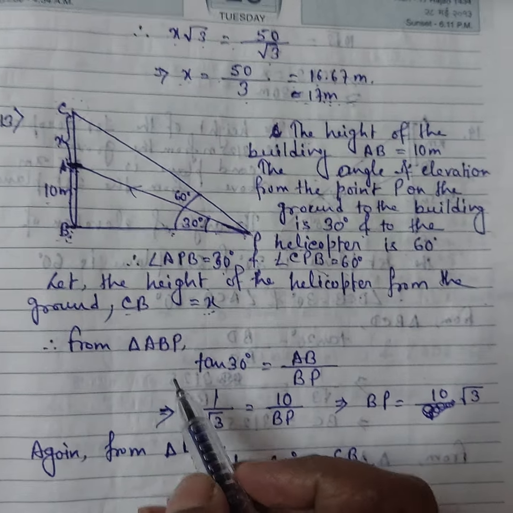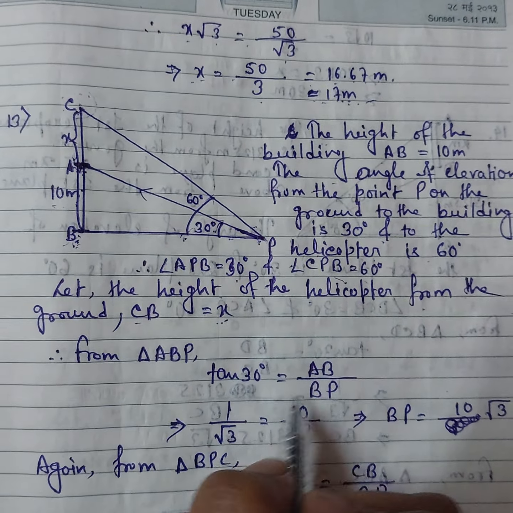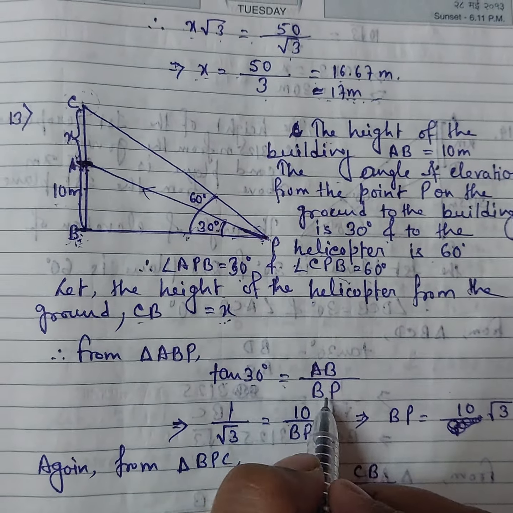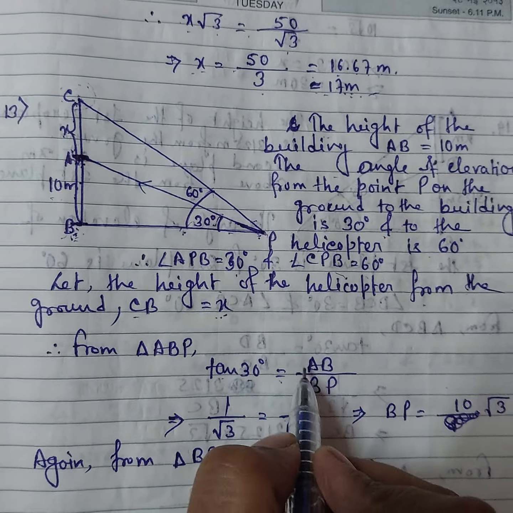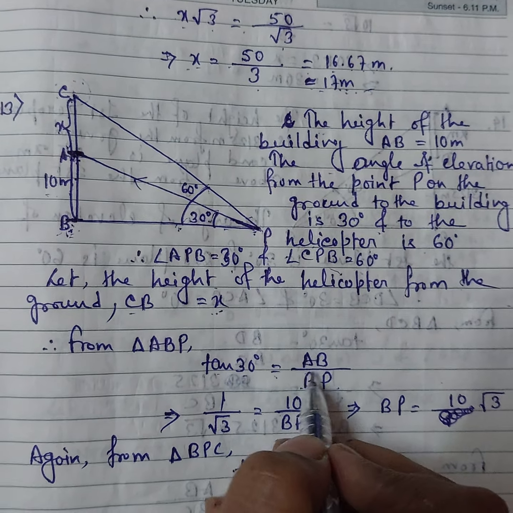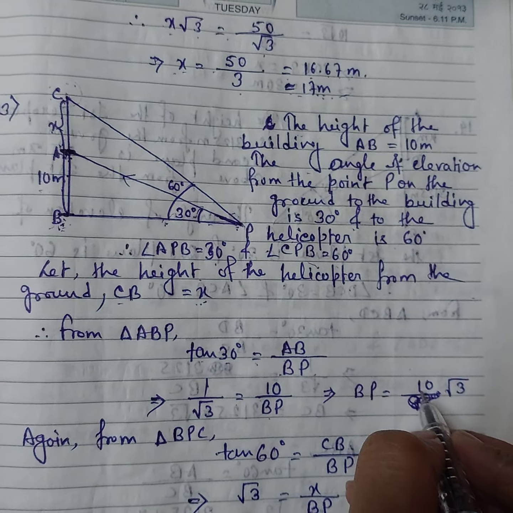Now you can say that from triangle ABP, tan 30 degree is equal to perpendicular by base, that means AB by BP, that is 1 by root 3, equal to AB is 10 meter and BP is unknown. So BP will be 10 root 3.